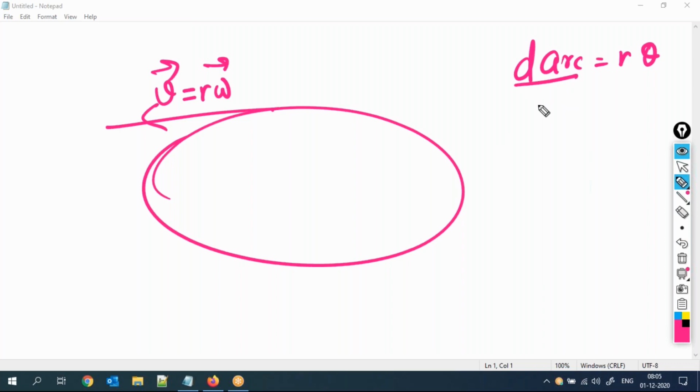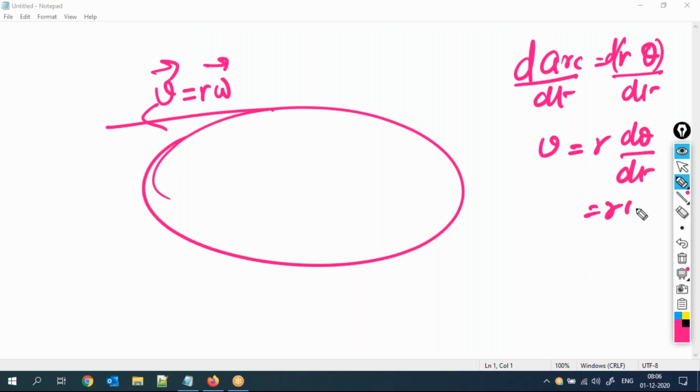If you divide by time, R is constant, this will become V, R will come out, d theta by dt equal to R omega, right? The direction of omega is this. Are we clear? Yes, sir.